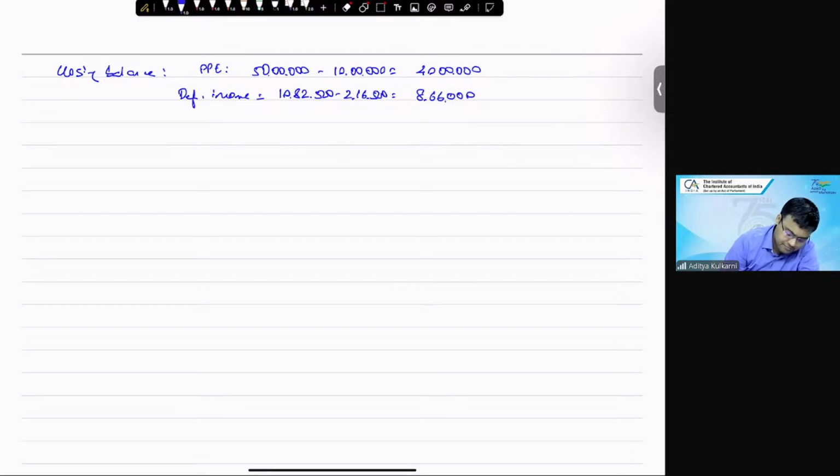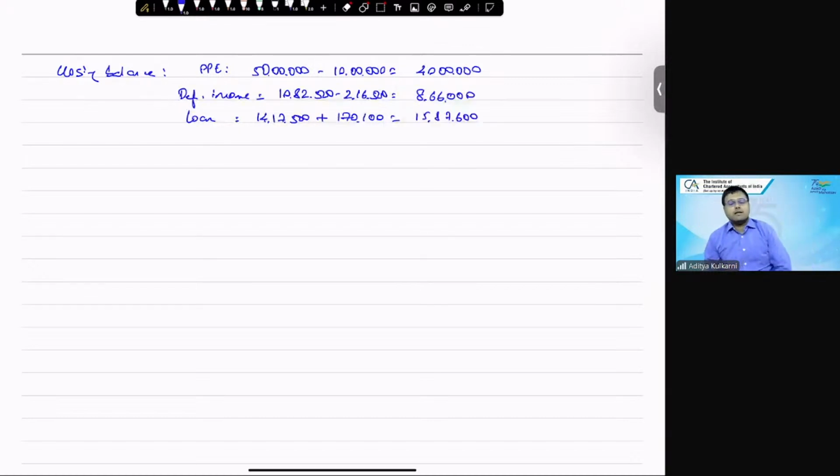And then loan: 14 lakh 17,500 plus 1,70,100, so 15,87,600. Okay. So this is your closing balance.